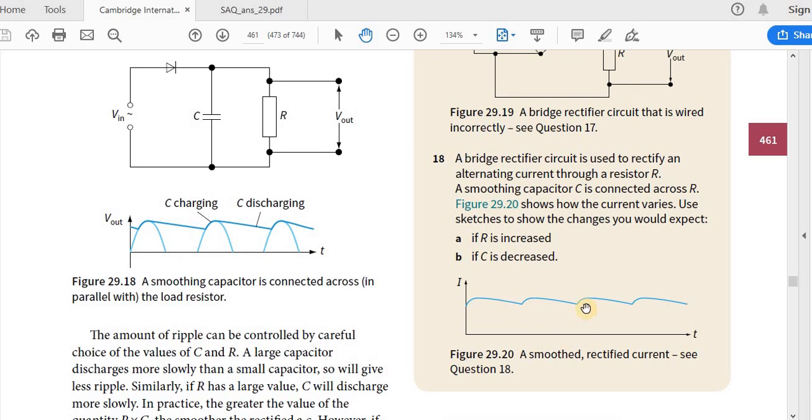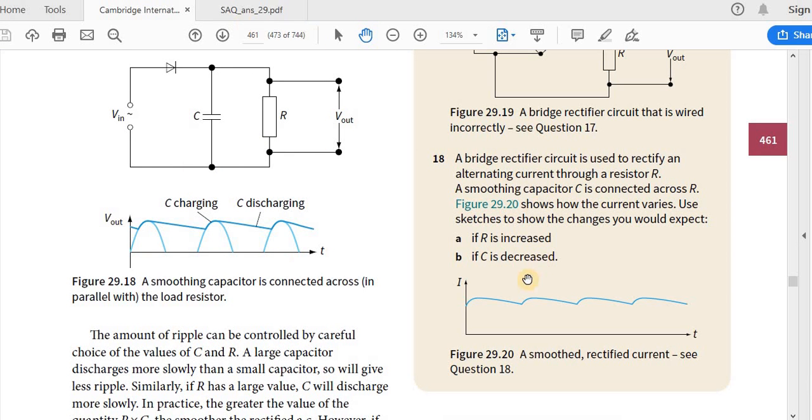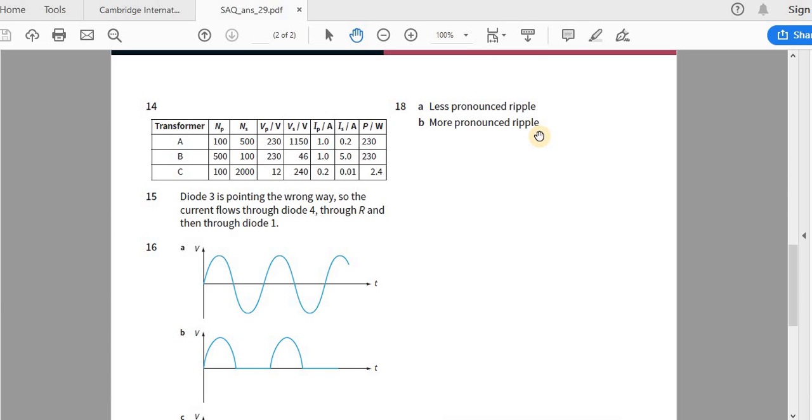Let's have a look at the solution to the question. If R is increased, less pronounced ripple. If C is decreased, more pronounced ripple.